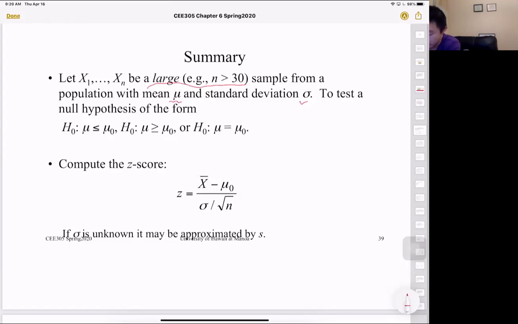Notice the equality line always goes with H0. Then we calculate the z-score based on this equation. If we do not know the population standard deviation, we use the sample standard deviation S. So that's the setup.